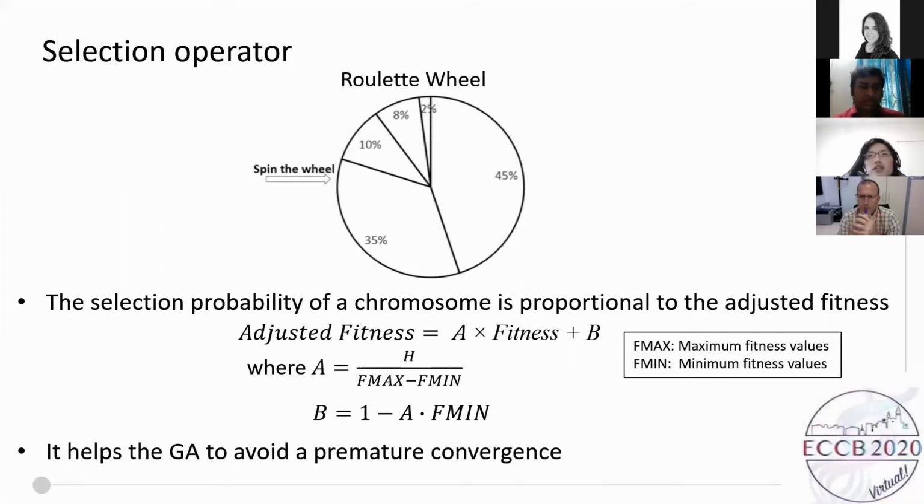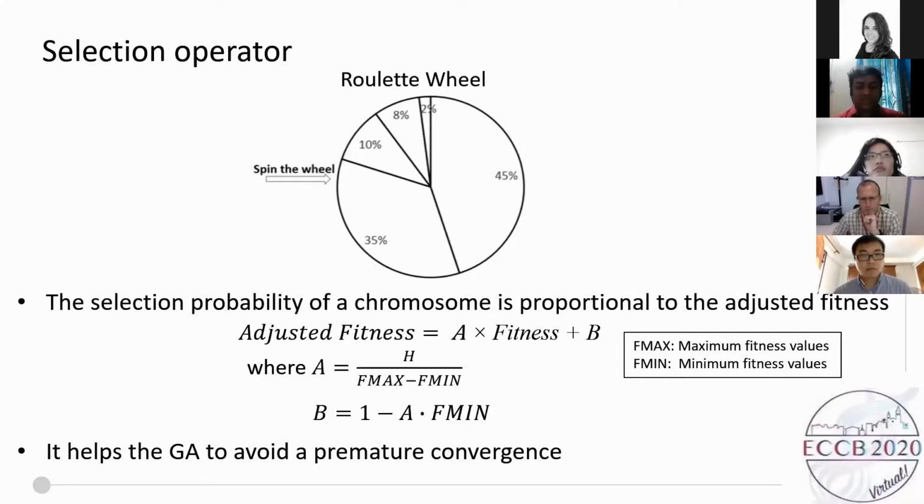Then we use the roulette-wheel selection operator to choose two parent solutions from the populations, and the selection probability of a chromosome is proportional to the adjusted fitness, which is equal to A times fitness plus B, where H is the adjustable parameter that sets the selection probability of the best chromosome to H times that of the worst chromosome.